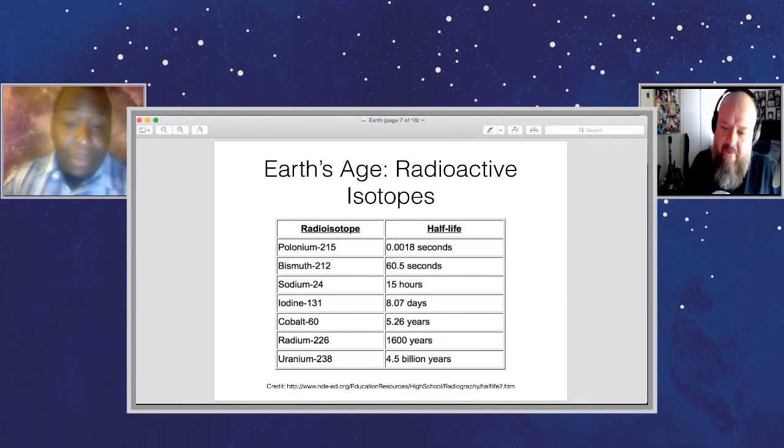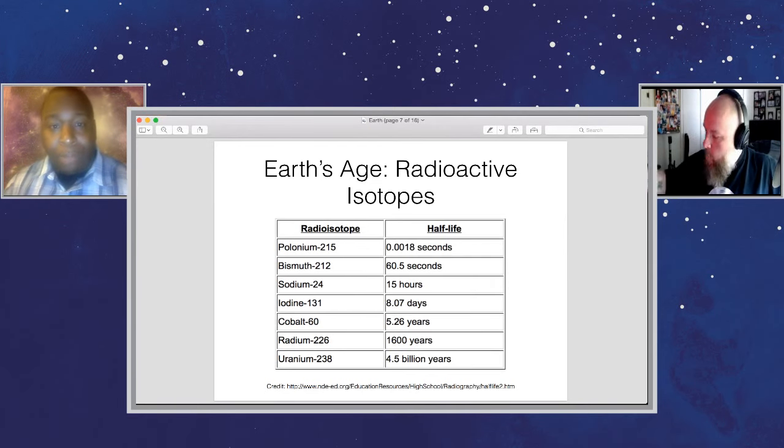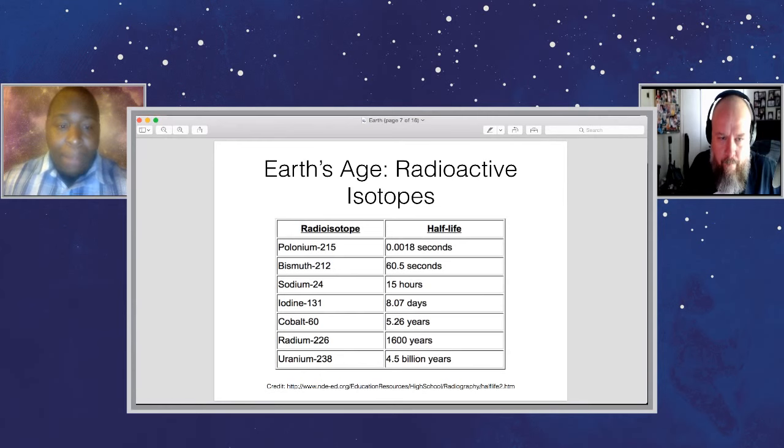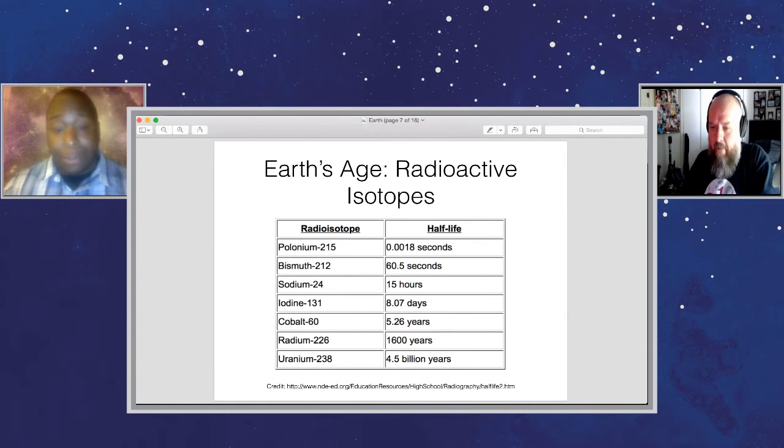But basically, what I was saying was that if you want to be able to determine the Earth's age, which we know is on the order of billions of years old, using radioactive isotopes like polonium, bismuth, or sodium, or actually many of these, would do no good, because if they were in the material many billions of years ago, they wouldn't be there today, because all the material would have already decayed to concentrations that probably wouldn't be detectable.